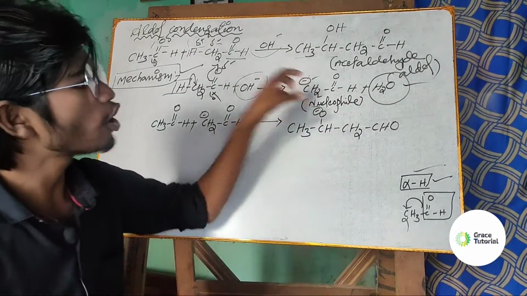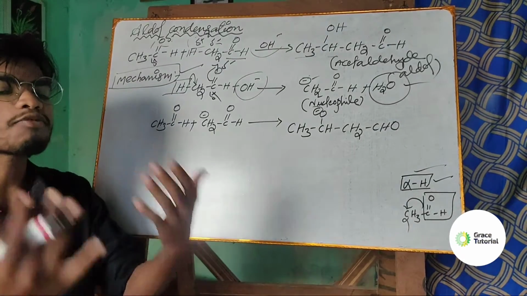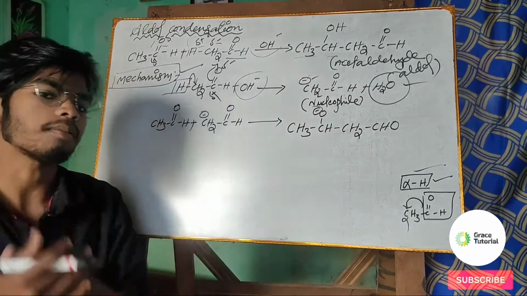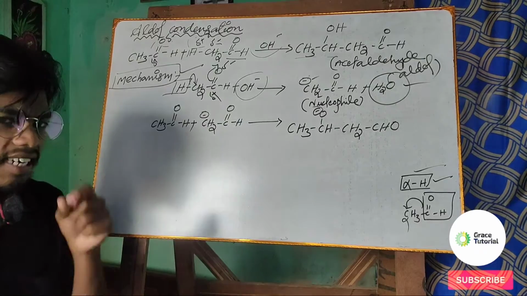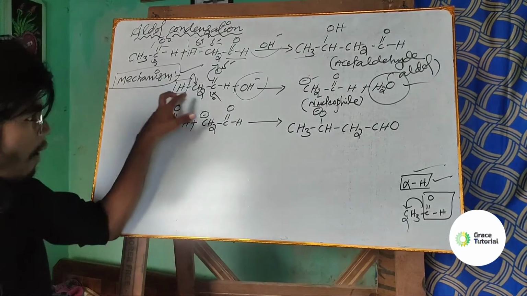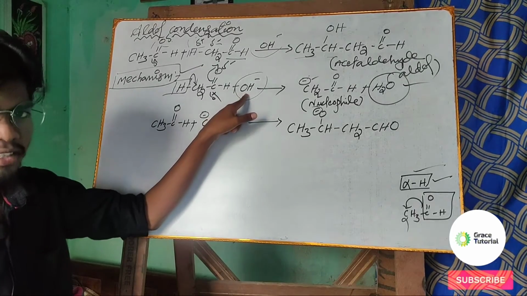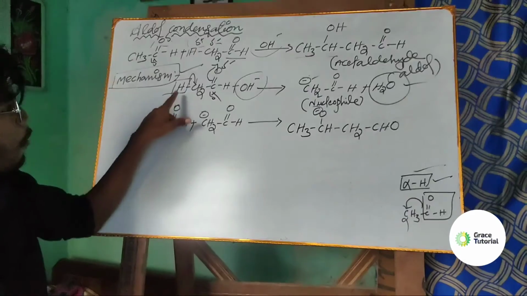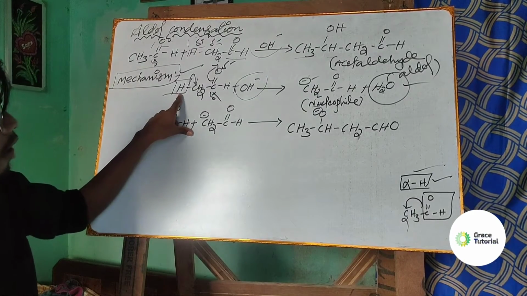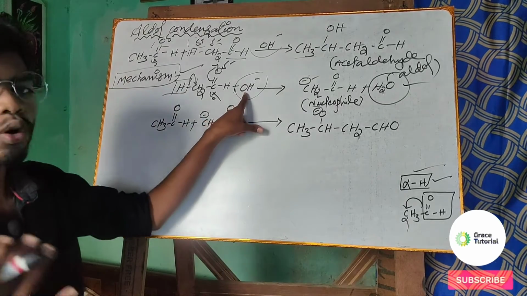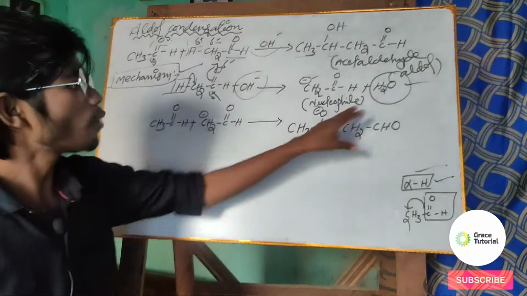So this is a nucleophile. That means a nucleophile is formed in the first step of the mechanism. So it's very simple to understand the first step. We have acetaldehyde. When the acetaldehyde reacts with the OH minus or alkali, the positively charged hydrogen atom reacts with the negatively charged hydroxide ion to form water.